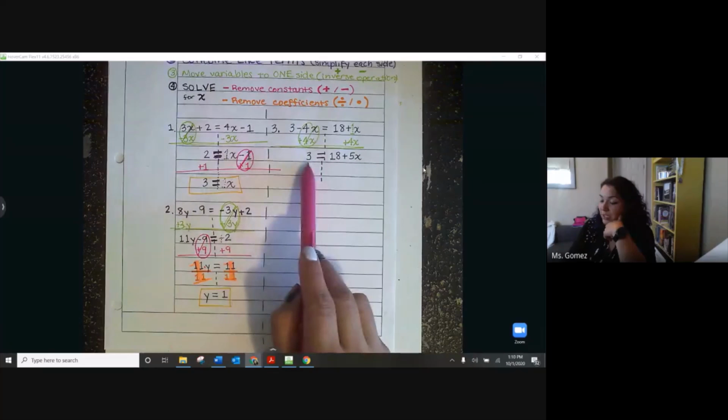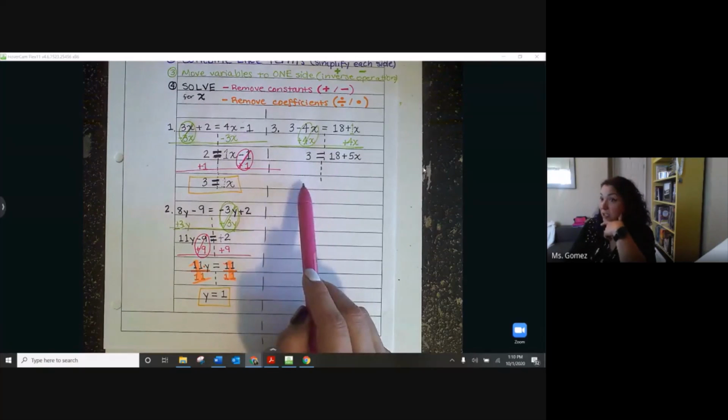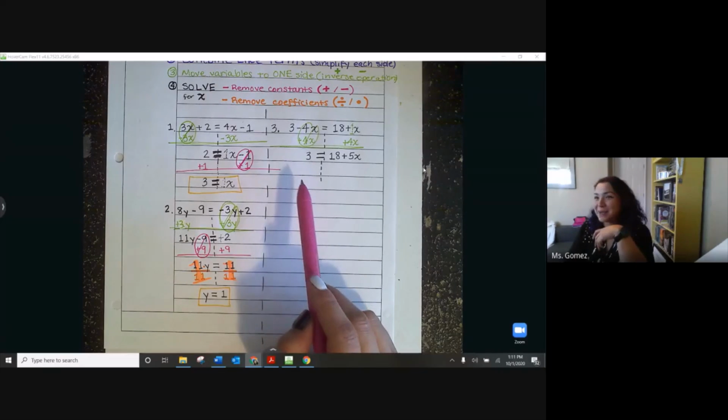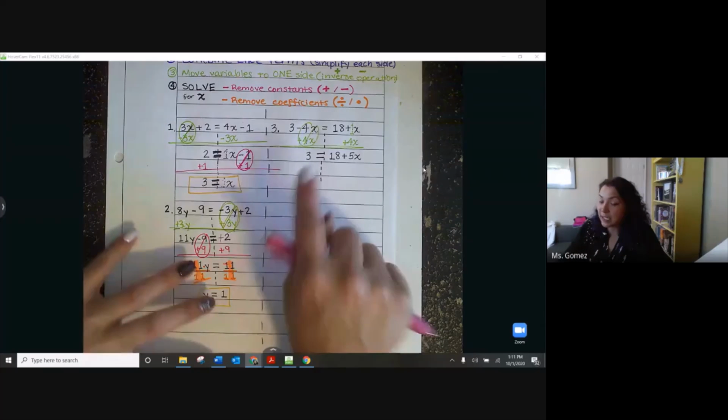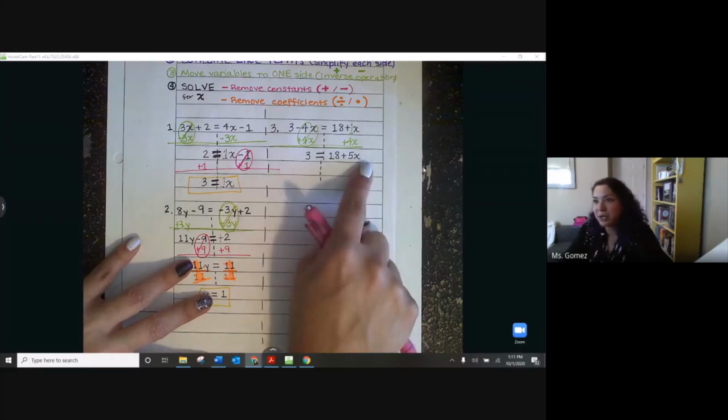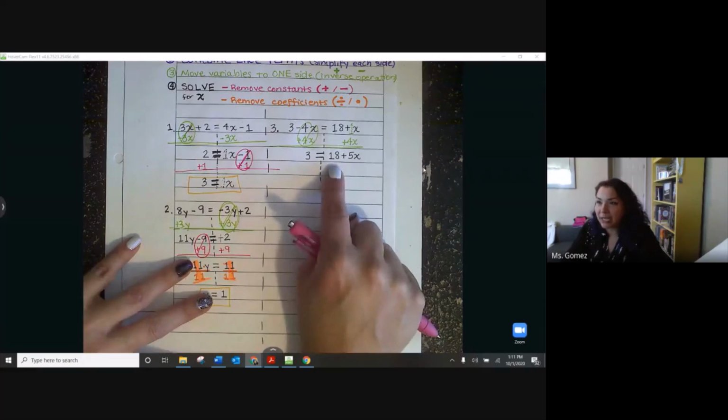Now this 3 is on the other side of the equal sign. So if we move the 3, we're just making more steps for ourselves. It's not wrong, but it's just going to make me do more work. That's perfectly fine, Abigail. So in that case, instead of moving the 3, we should probably move the 18. Because remember, we're trying to get x alone. Let's throw everything else to the other side. How do I move 18 to the other side?